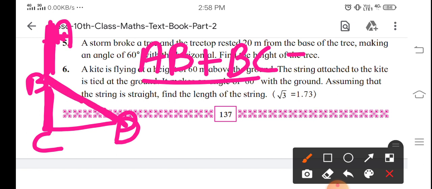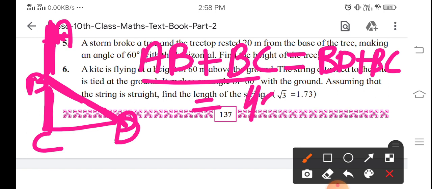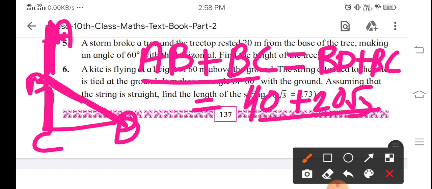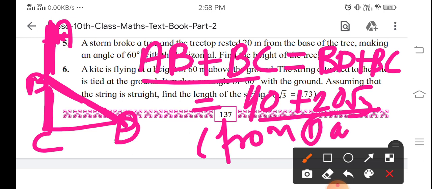So this is equal to BD, this position BD and that CD plus BC. So you can write over there 40 plus 20 root 3. From where we got this? From 1 and 2.